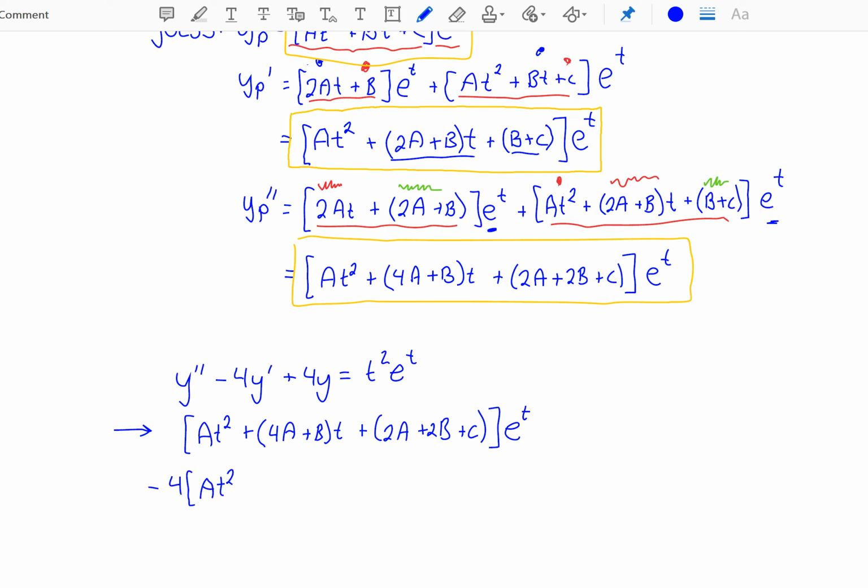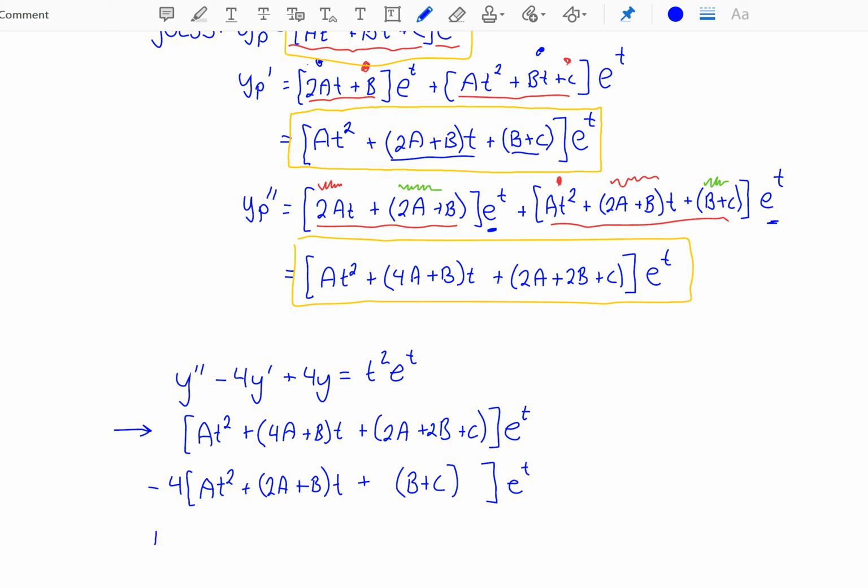at squared plus 2a plus b times t plus b plus c times e to the t.